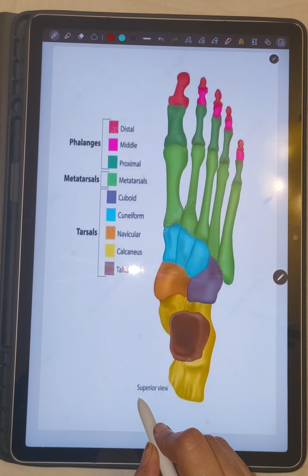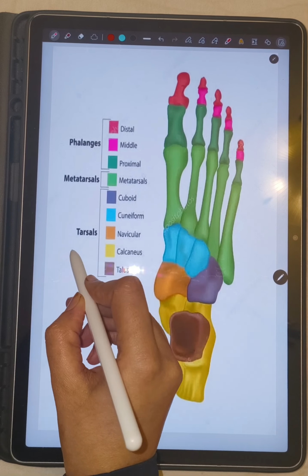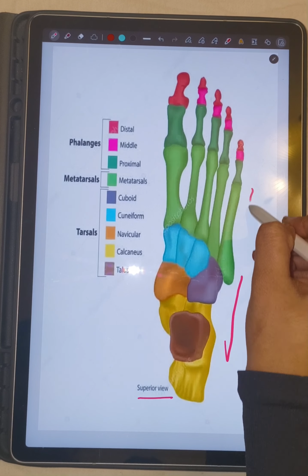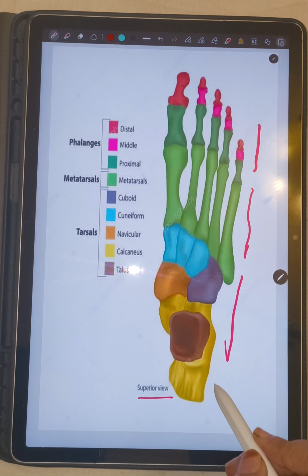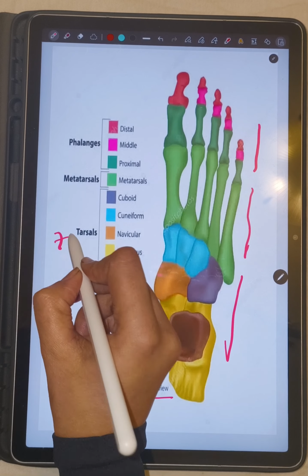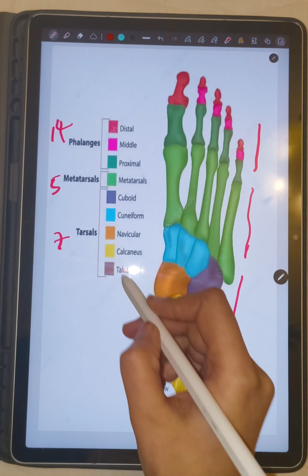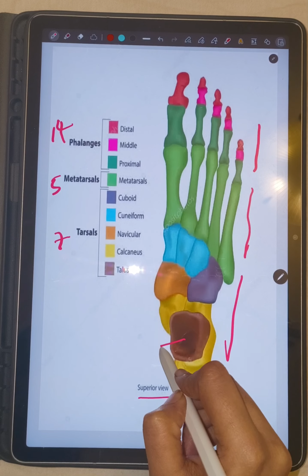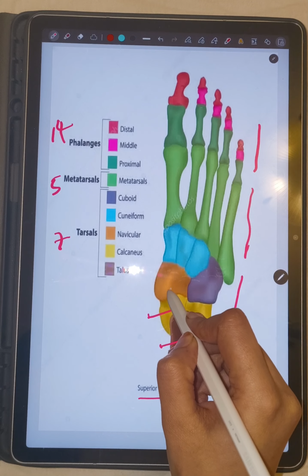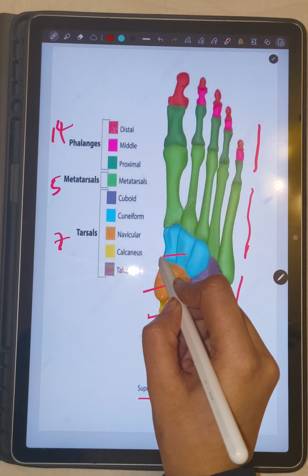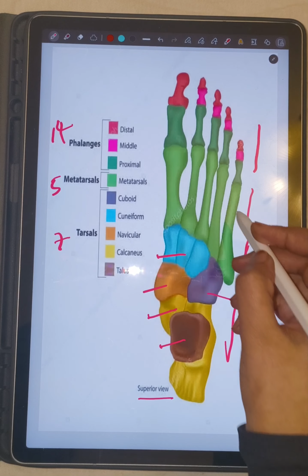In the superior front view of the foot, this is the tarsal, this is the metatarsal, and this is the phalanges. Tarsals are 7 bones, metatarsals are 5 bones, phalanges are 14. In the tarsals, this is the talus, the calcaneus, the navicular, the cuneiform, and the cuboid.